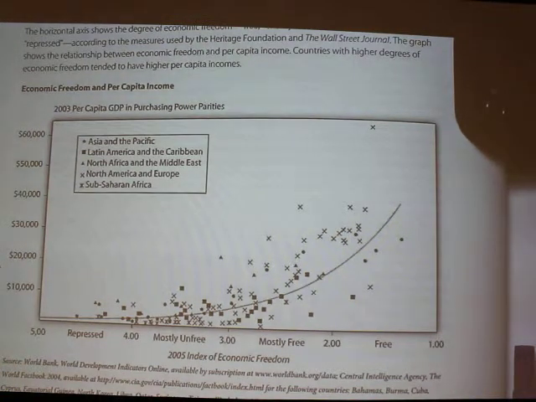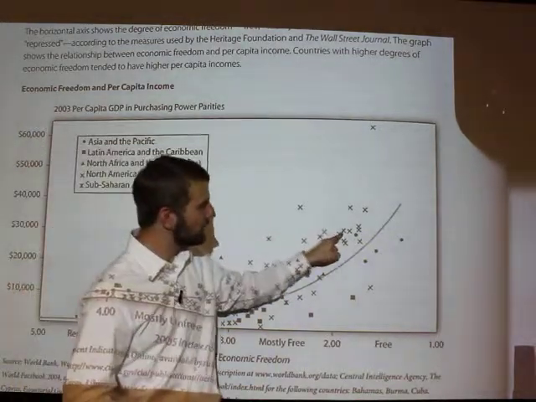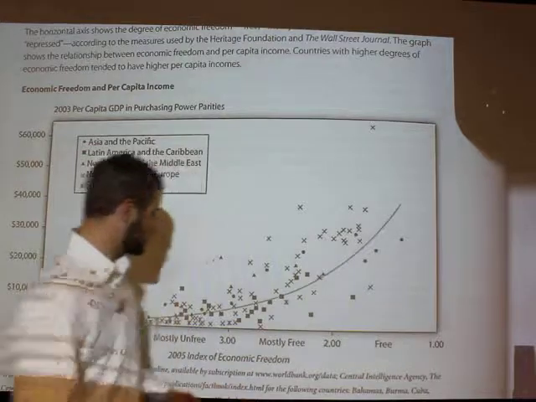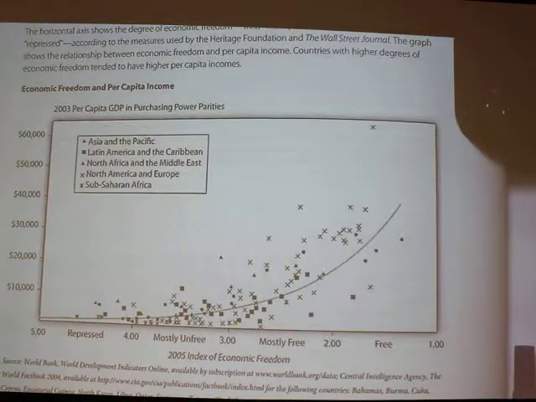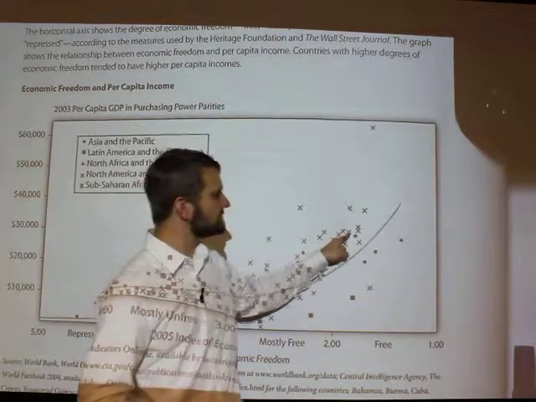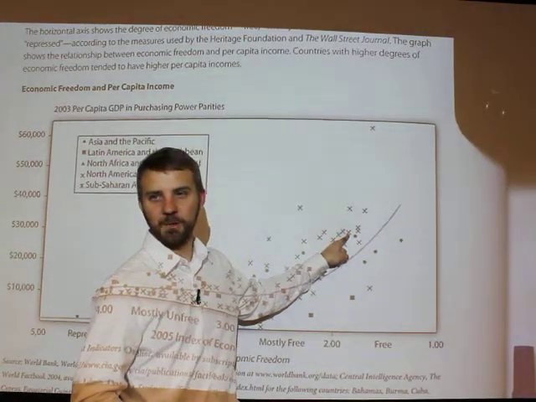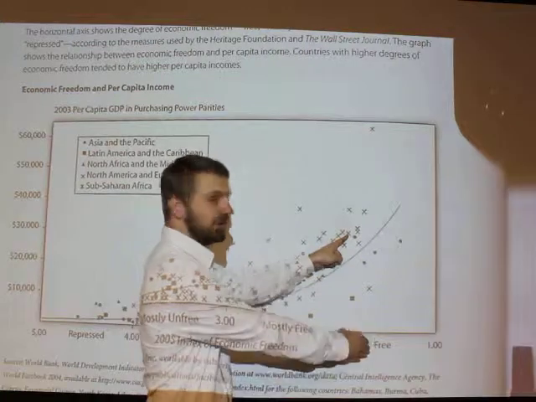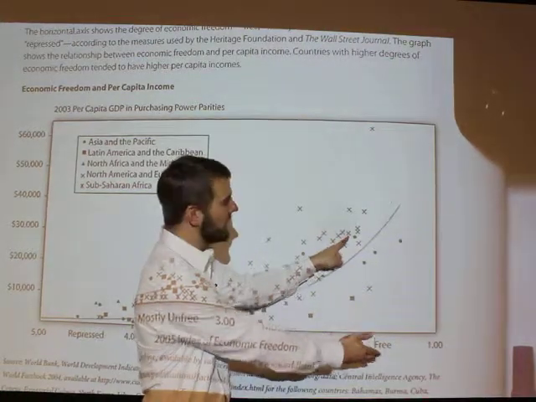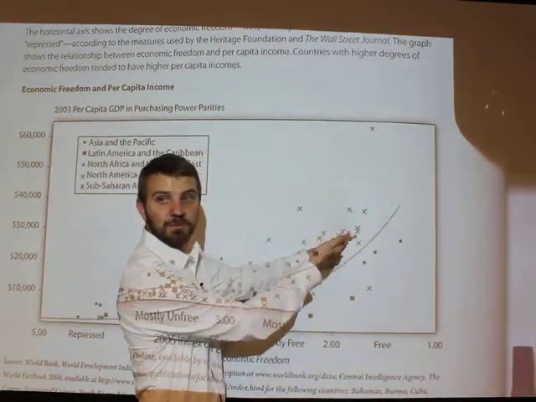All right? All of these dots represent a country. And one of these is the United States. Perhaps this country right here. They're not labeled, but it might be this country right here. What we see is that we have a high level of economic freedom and also a high level of average income. Right?